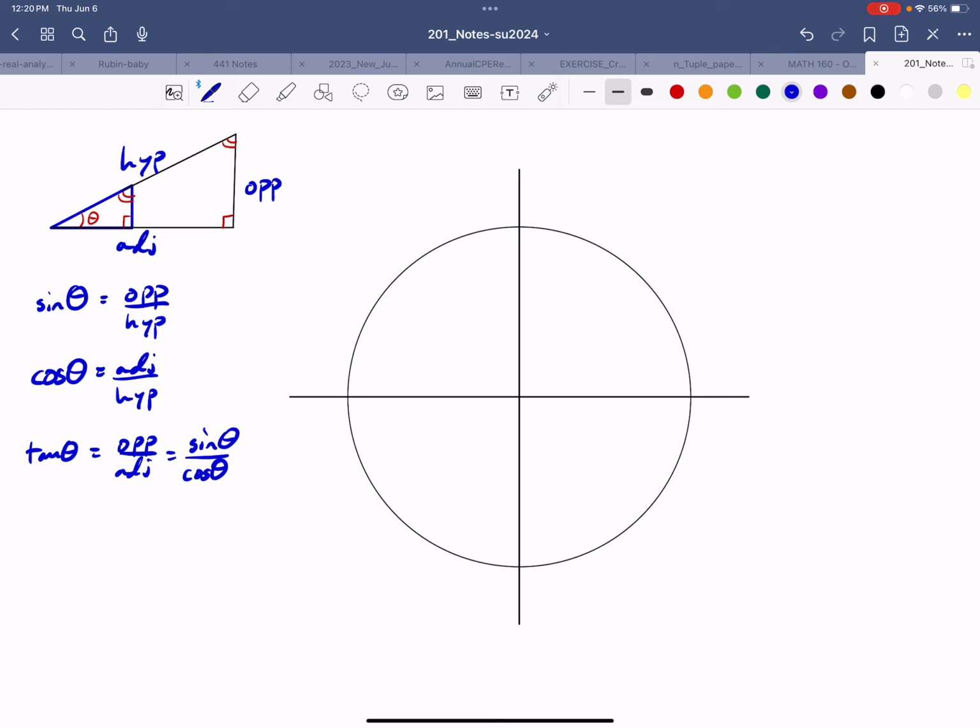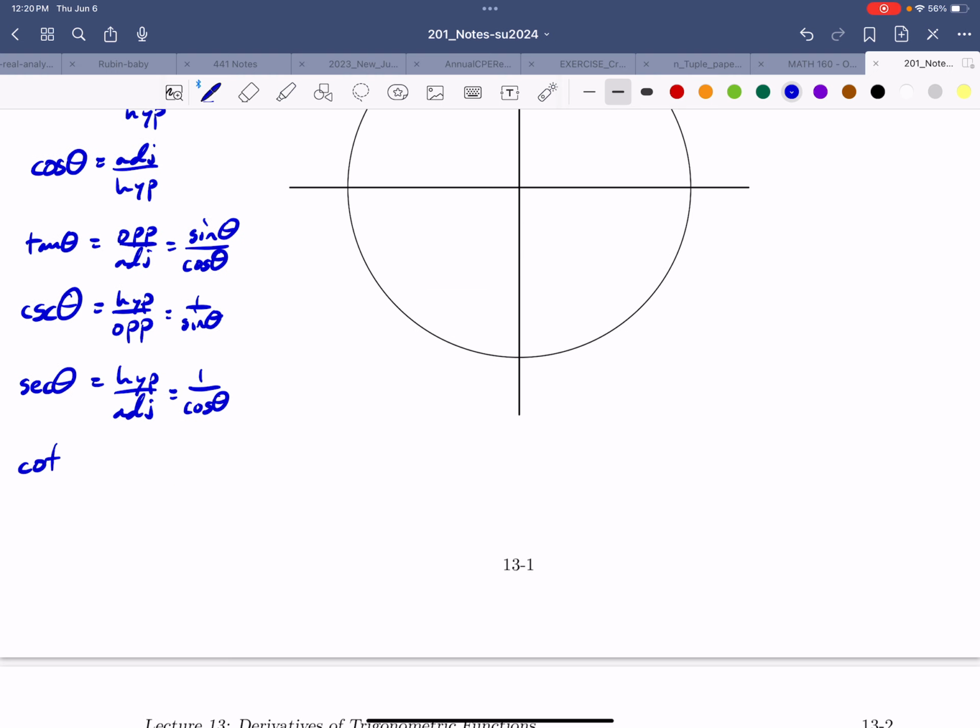There are three other trig functions that are used a little bit less frequently, but they're still important, and we're still going to list them right now. Cosecant is the ratio of the hypotenuse over the opposite. It's 1 over sine. Cosecant is 1 over sine. Secant is hypotenuse over adjacent, which is 1 over cosine.